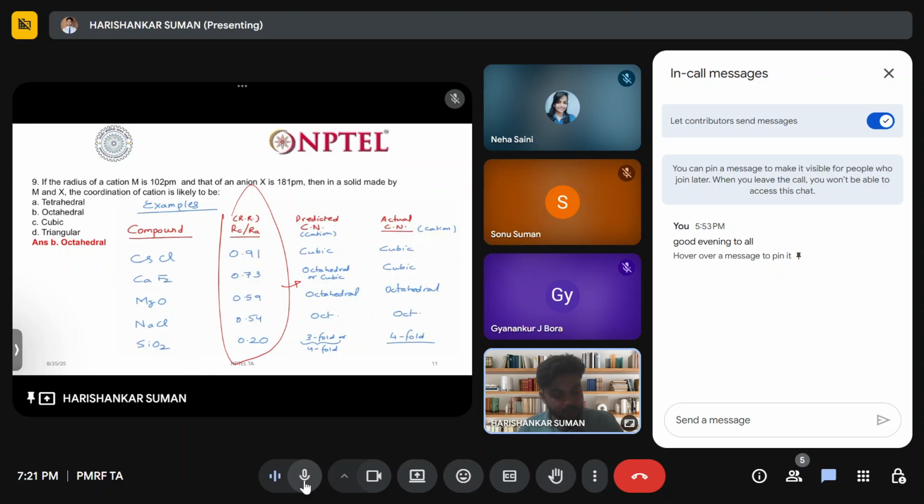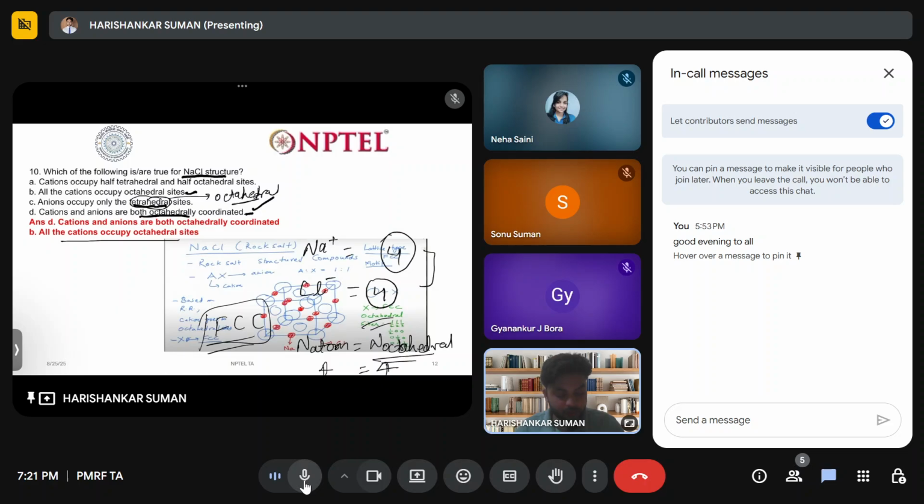Also the NaCl structure. So learn about NaCl, CsCl, ZnS, all types of structures, positions and atoms, face centered, body centered.